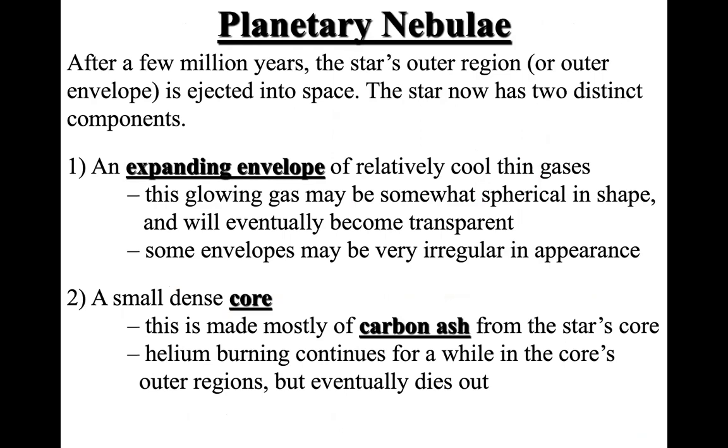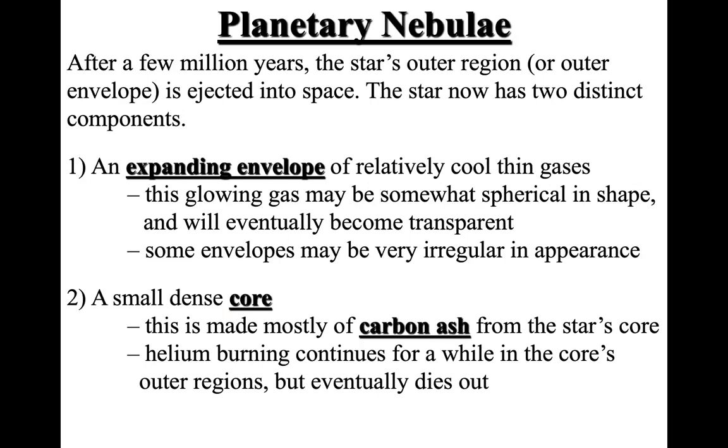So there is a core at the center, and then there is a helium burning shell, and in the outer region there is this hydrogen burning shell, which will continue to burn hydrogen into helium and get expanded. And after a few million years, this outer region will be ejected into space, right?